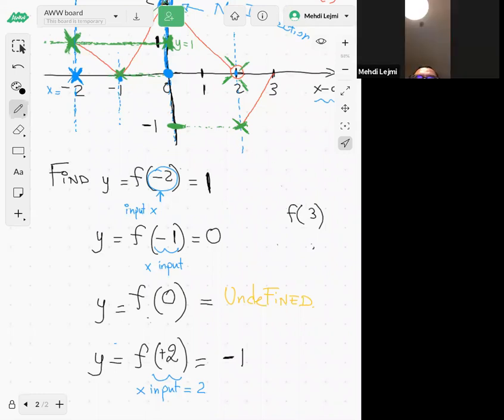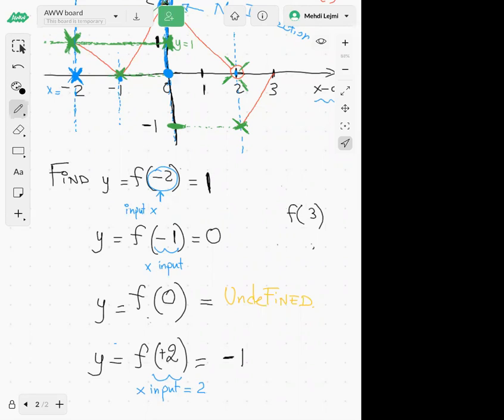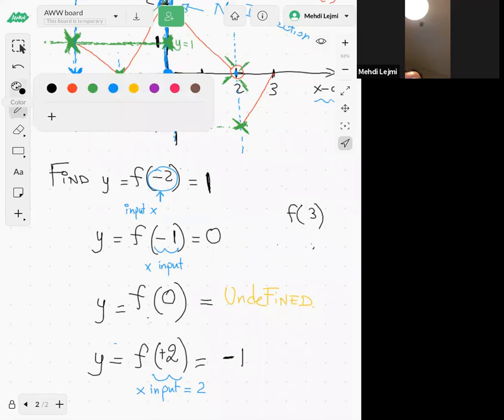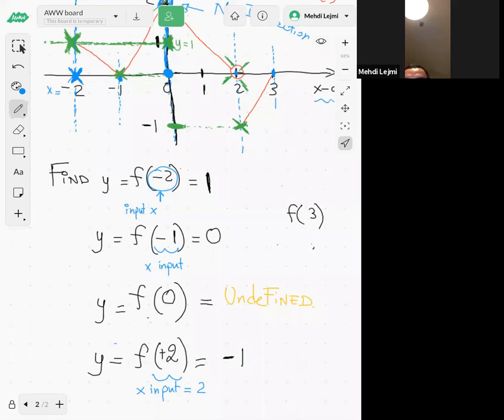Okay, so how do you find f of positive pi? "I just put a vertical line through the red line." Yes, absolutely. This is your input x, positive pi, and as you said, you draw this vertical line passing through it. Now, where does it intersect the graph?